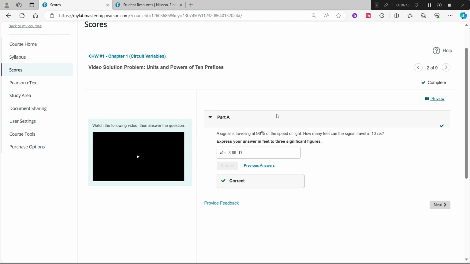Then meters to feet. Something's not right.